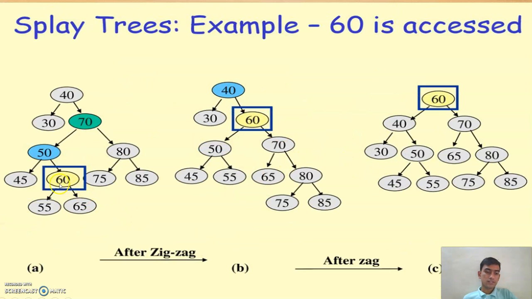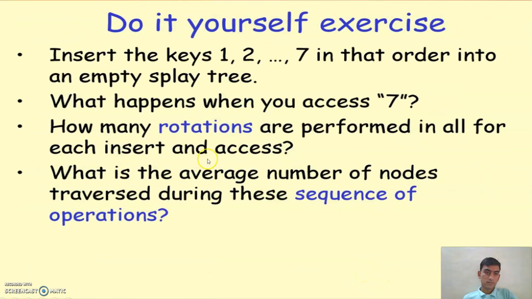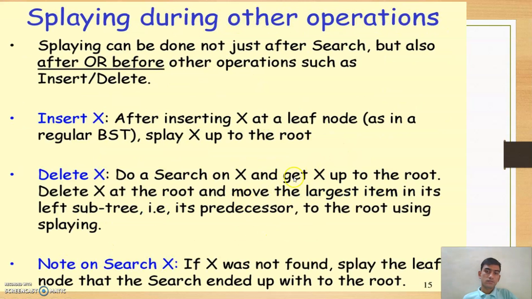Similarly, if we want to access 60, we first did a left rotation and then a right rotation, so 60 also bubbled to the top using zig-zag, and after zig-zag we did a zag operation. So what happens when you access 7? How many rotations are performed in all?